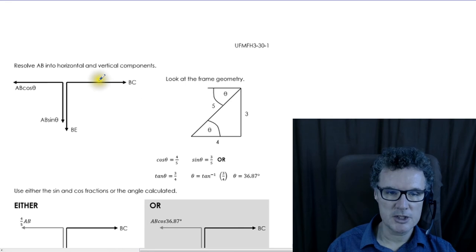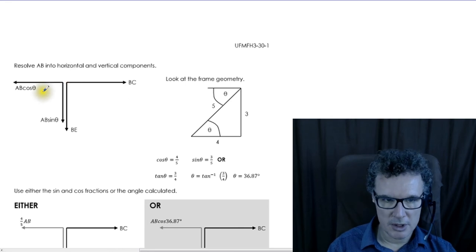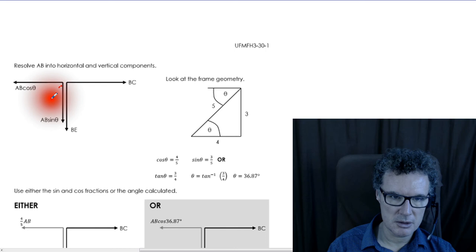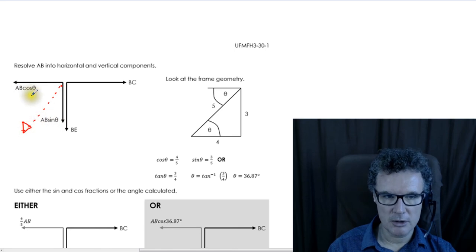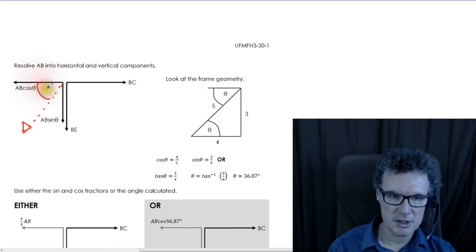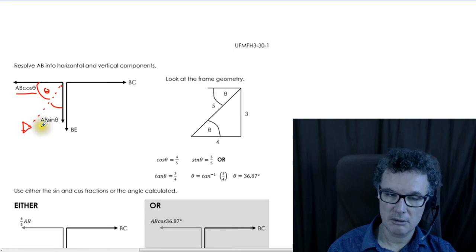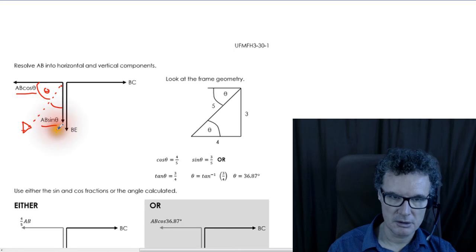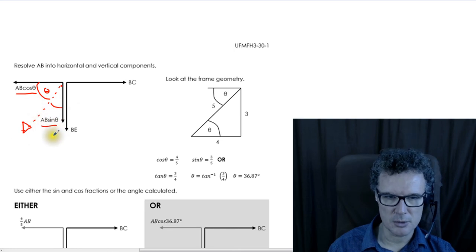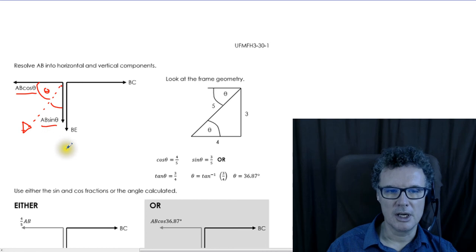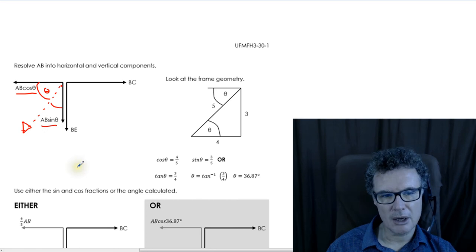Well, we do the same procedure as before, where we're going to split up the AB force into its components. So we're swinging through theta here, so that means we've got AB times cos theta. And the other one we're not swinging through, so that's a sine. It's a sin not to swing through. Okay, so that split up our AB into its trig.